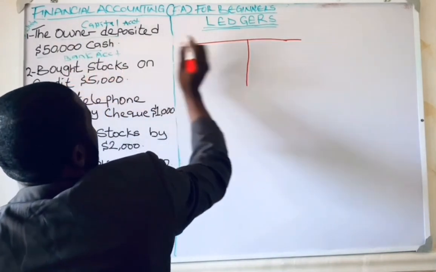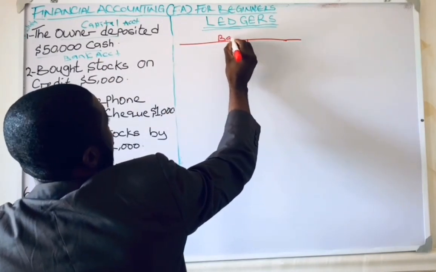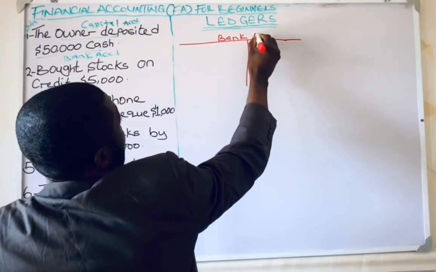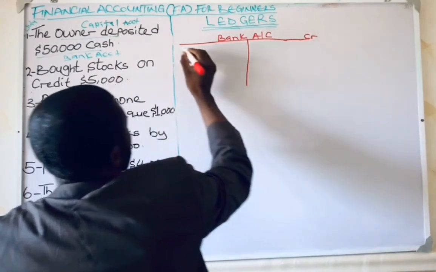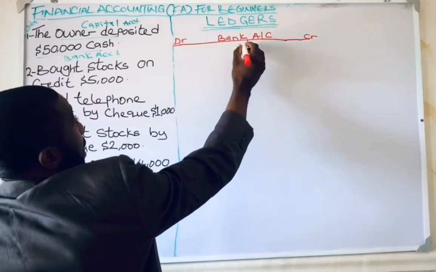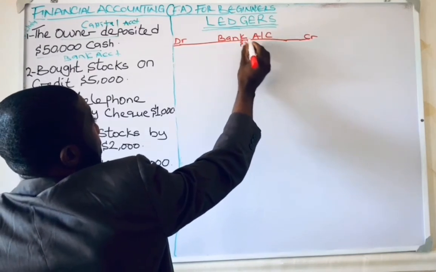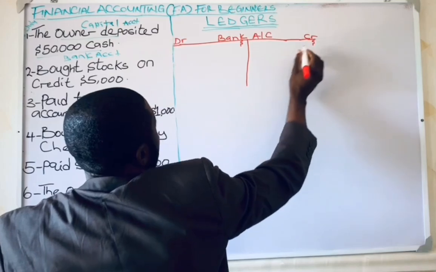This is our first ledger, the bank account. Your credit, your debit. Don't forget this credit, debit, your currency. They're very important.